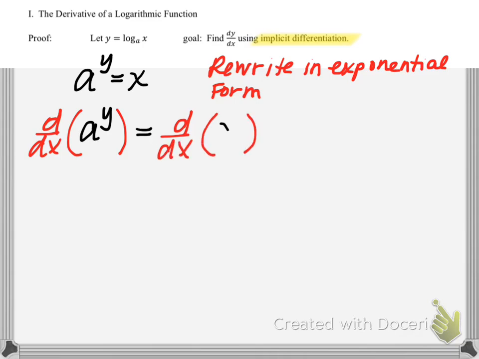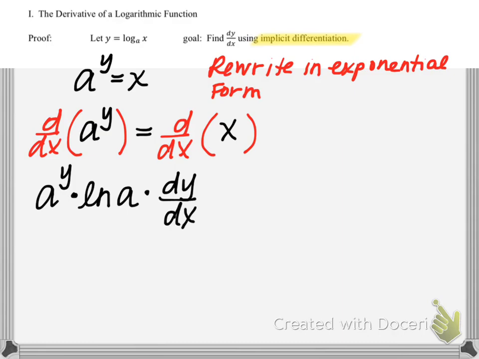Now, fortunately, we know the left-hand side, we know the derivative of an exponential function. So the derivative of a to the y power will be a to the y times the natural log of a, and then we'll chain on the derivative of y with respect to x, dy dx. And on the right-hand side, the derivative of x with respect to x will just be 1.